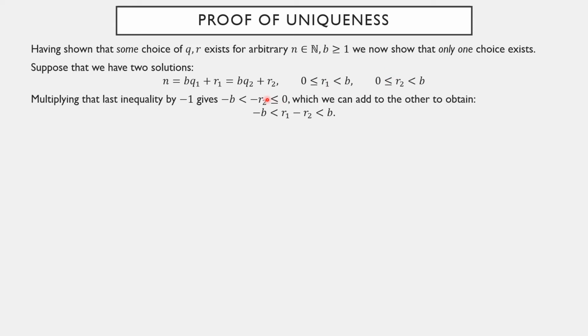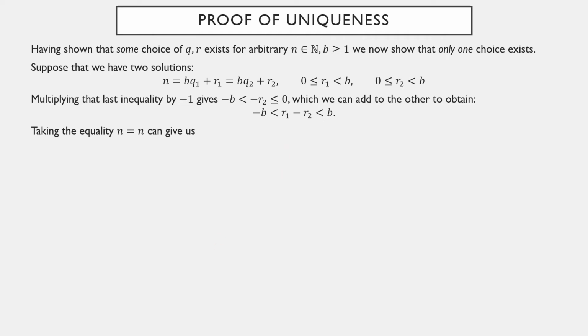So if I take this inequality and add it to this one, I get negative b plus 0, negative r2 plus r1, 0 plus b. This inequality is strict and this one was non-strict, so overall we lose information and we have a strict inequality here. Okay, so similarly there. So negative b is strictly less than r1 minus r2 is strictly less than b.